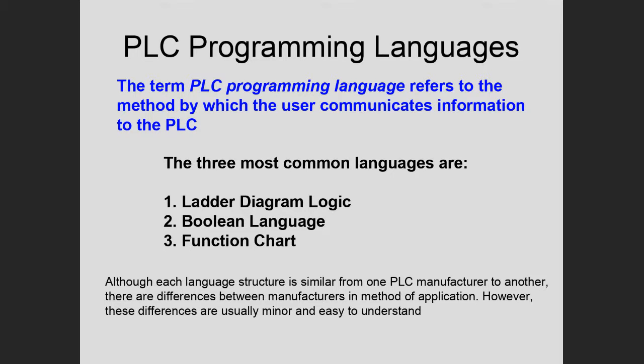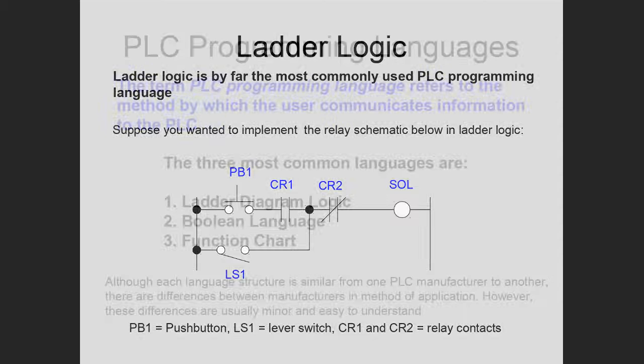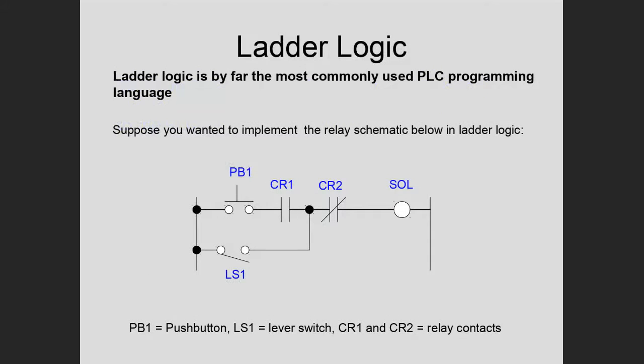But let's review ladder logic. This is what we've been talking about and what you've been looking at. Suppose you had this really simple hardwired electrical circuit. You have a push button, a limit switch, and a control relay where you're using both the normally open and normally closed contacts, and at the very end of the rung, you have a solenoid.